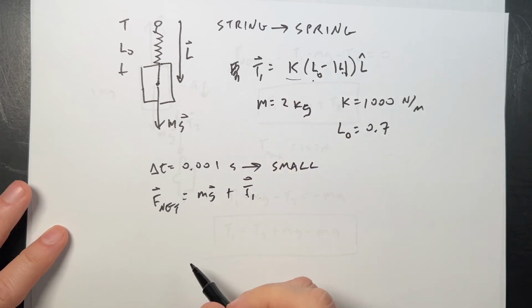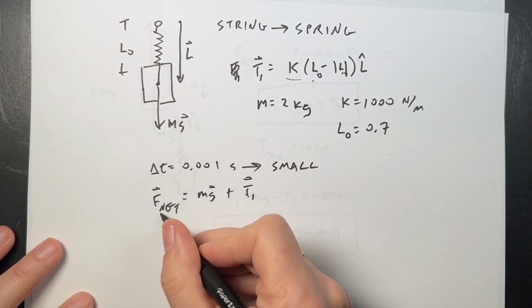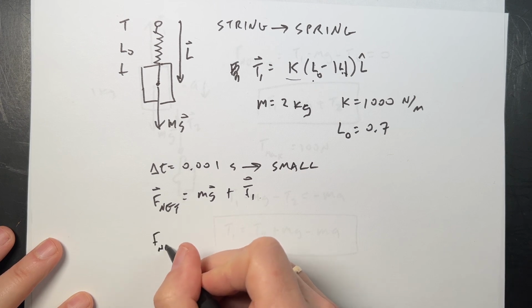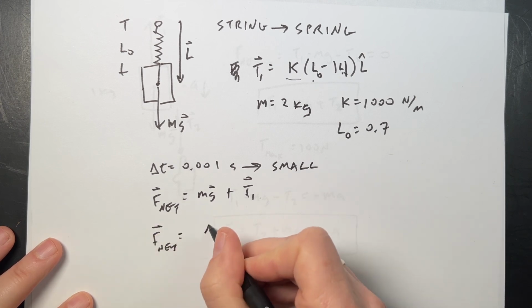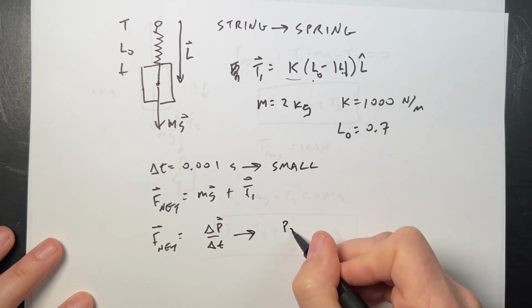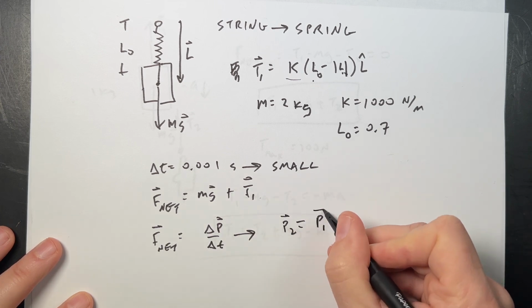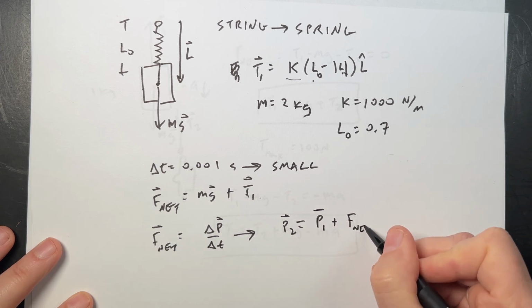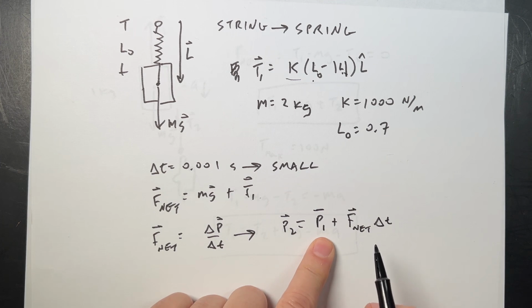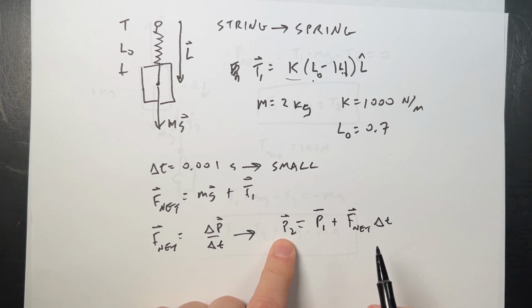I can calculate that. And then I can use that net force and assume it's constant with the momentum principle. F net as delta P over delta T. This gives me P2, P1 plus F net delta T. So P1 is momentum at the beginning of the time interval, P2 is at the end.